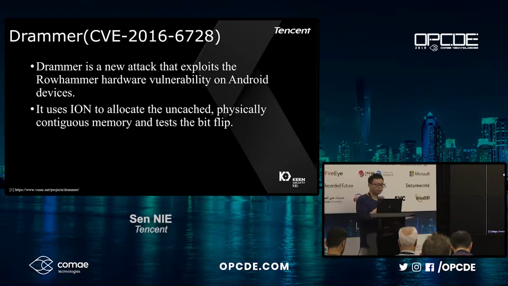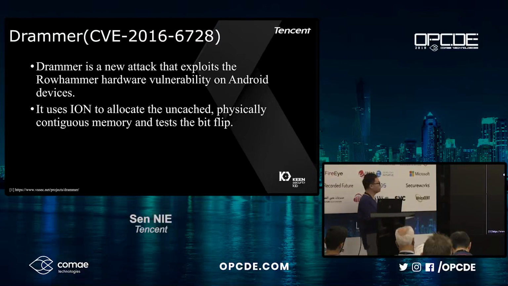And then at that time, I came across the famous vulnerability named Rowhammer, or Drammer. The author of Drammer published the first root exploit which can be used on ARM Linux. It's a new attack that exploits the Rowhammer hardware vulnerability on Android devices like the Nexus 5.